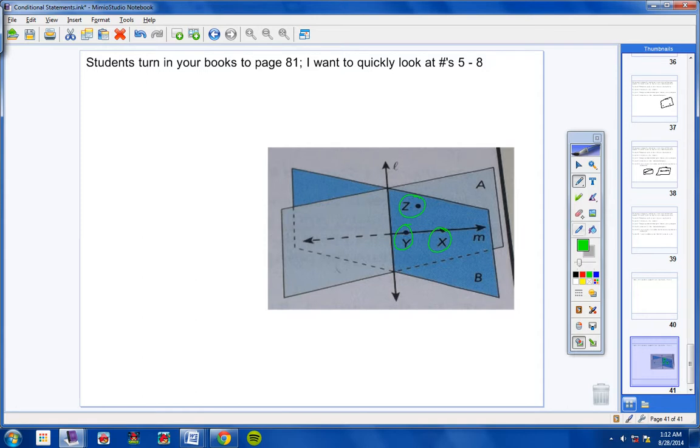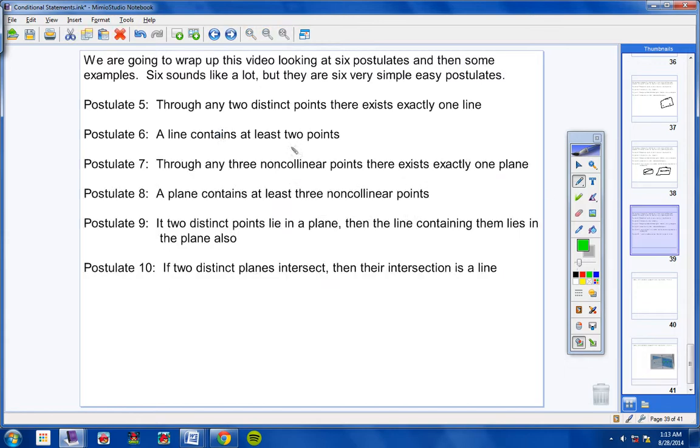And that's going to be the postulate that states through any two distinct points there is exactly one line. Through any two distinct points, postulate 5, there exists exactly one line.